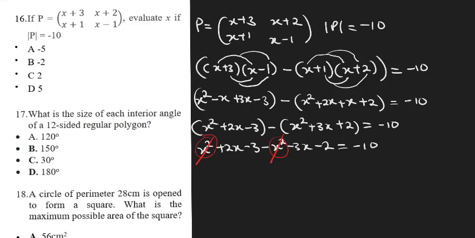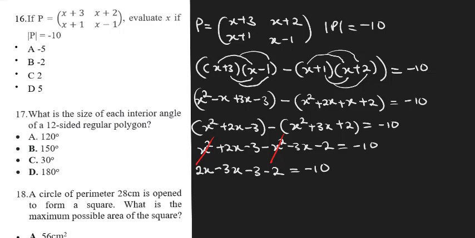So it cancels out and we have 0. Then what do we have left? We have 2x, then minus 3x, since both are x. Then we have minus 3 here and minus 2. So minus 3 minus 2 is equal to minus 10.